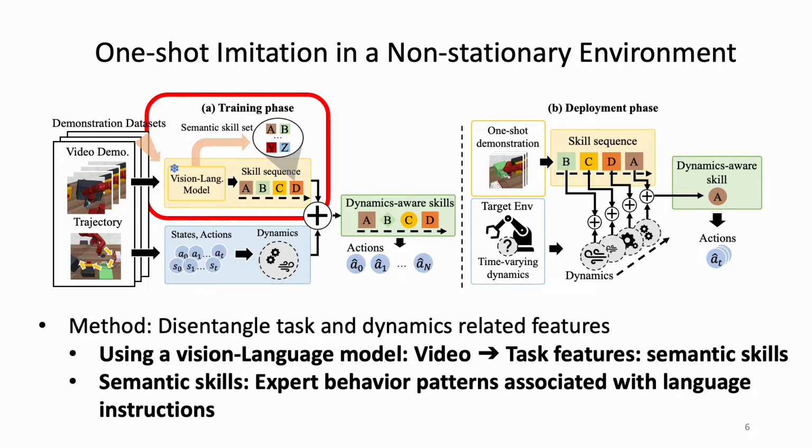Semantic skills are expert behavior patterns associated with language instructions. For example, actions like open the drawer or grab the ball can be considered semantic skills. Essentially, semantic skills are the agent's short horizon actions that can be expressed linguistically.